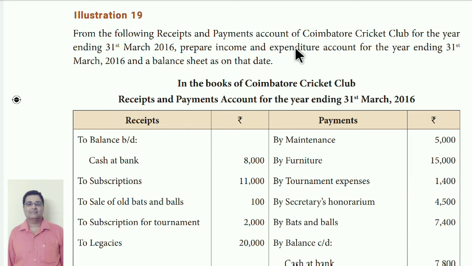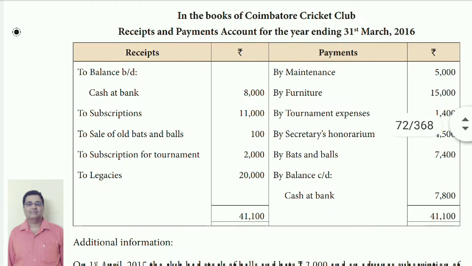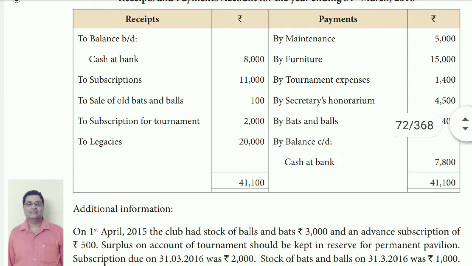From the following receipts and payments account of Coimbatore Cricket Club for the year ending 31st March 2016, prepare the income and expenditure account and the balance sheet as on that date. So we have to prepare 3 accounts: opening balance sheet, income and expenditure account and closing balance sheet.